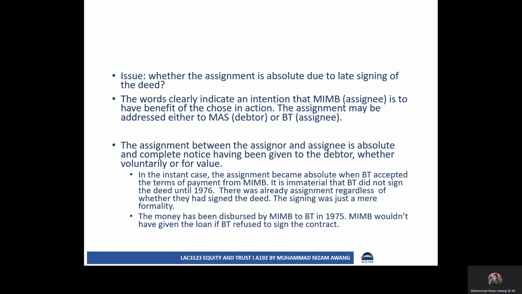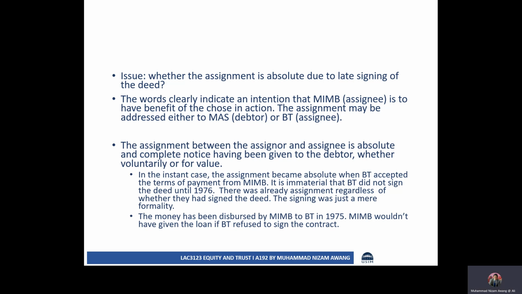Okay. So here it only happens between MIMB and BT. So the assignment here between the assignor and assignee is already complete. Complete notice here is given to the debtor, either voluntarily or for value. In this case, the assignment was absolute because when Bahagia Trading accepted the terms of payment from MIMB, it's already happening.